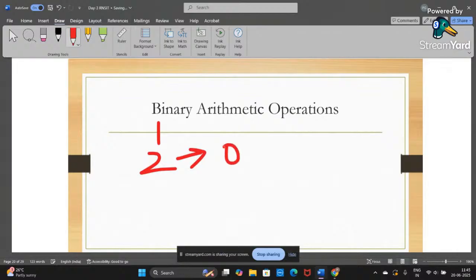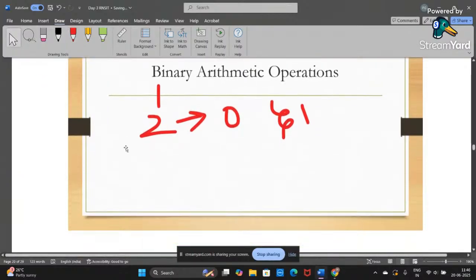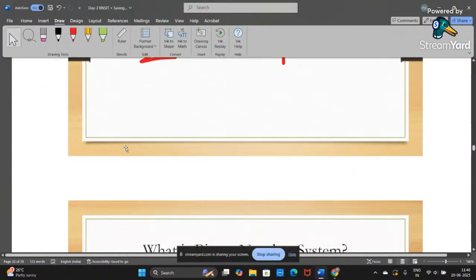That is only 0 and 1. These operations are fundamental in computer science and digital electronics, forming the basis for how the computer processes information. Now we'll see binary addition, binary subtraction, binary multiplication, and binary division.